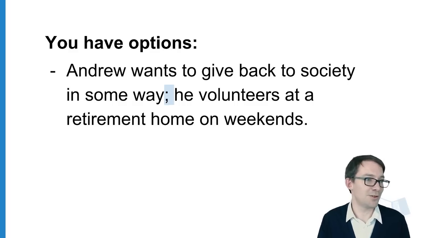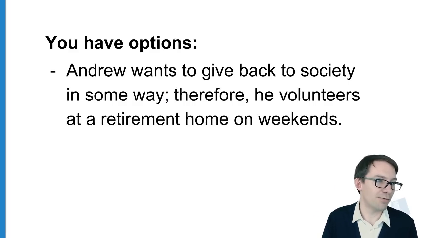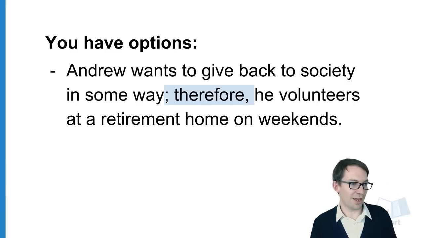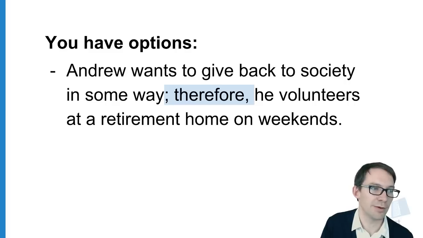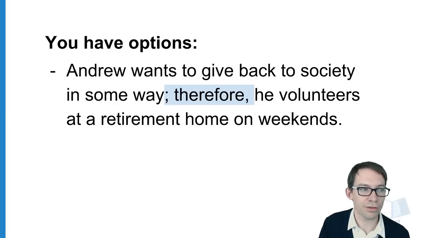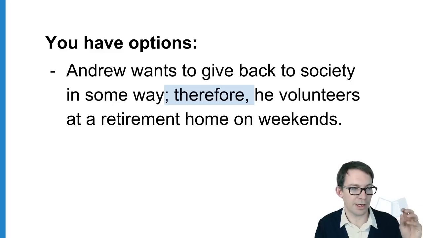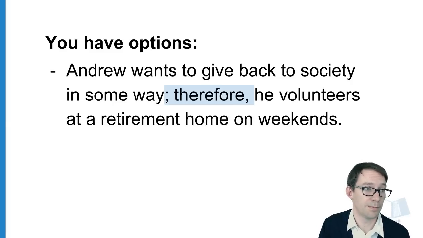Or you can take that and add therefore: Andrew wants to give back to society in some way; therefore, he volunteers at a retirement home on weekends. All three of these sentences have the exact same meaning, but just a slightly different way of connecting the ideas together. Okay?